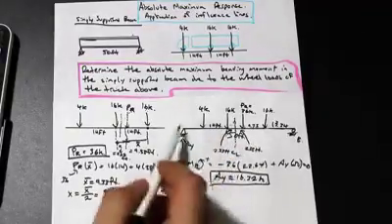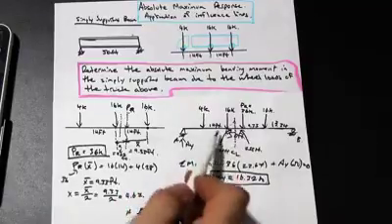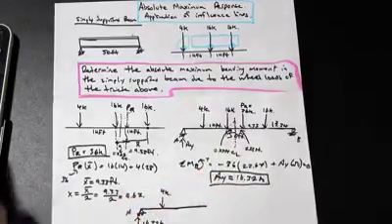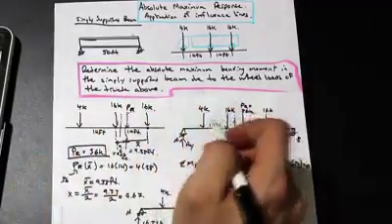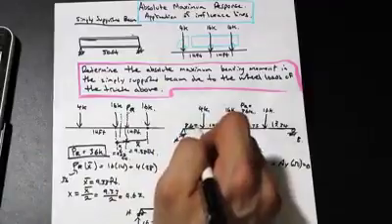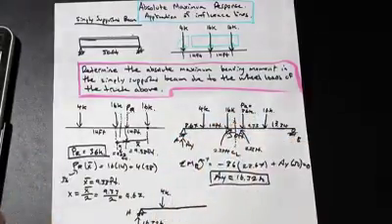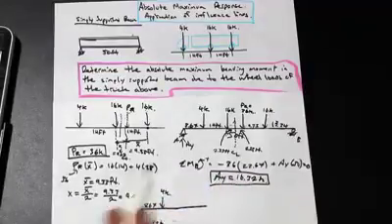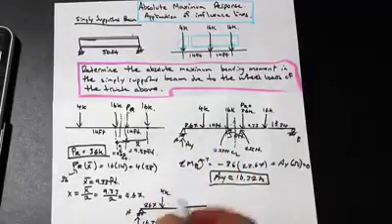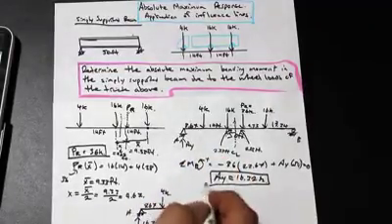We have 14 feet here, we have 2.33, so 25 minus 14 minus 2.33 is 8.67 feet there.